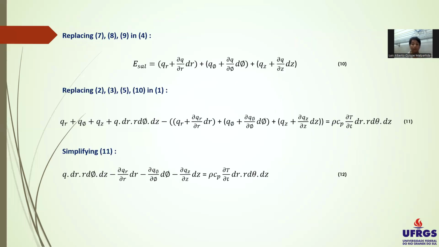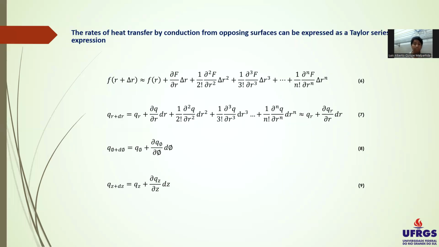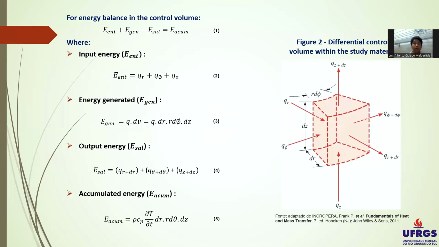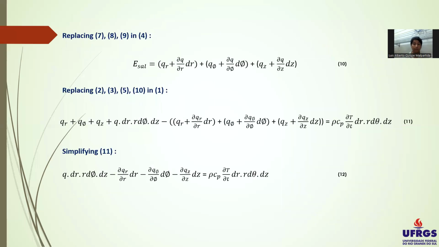Then we replace equations number 2, 3, 5, and 10 in equation number 1, obtaining equation number 11. As we can see, this equation can continue to be simplified, thus obtaining expression 12, which is already a simplified form of a heat balance in cylindrical coordinates.